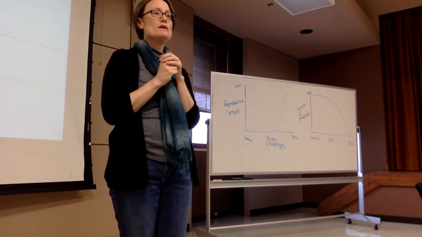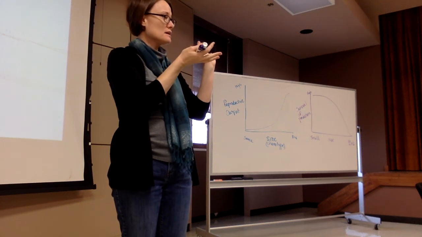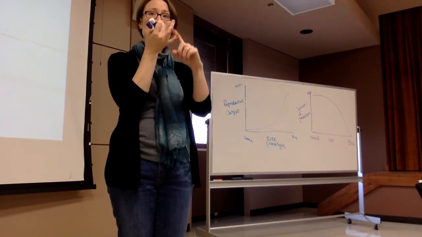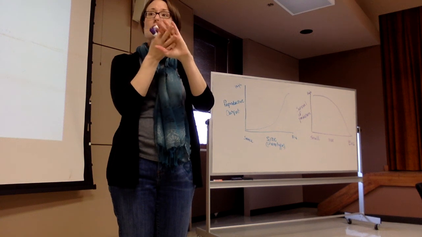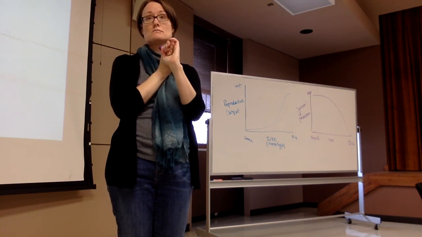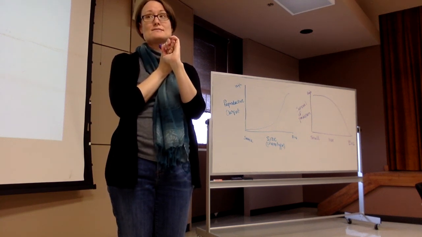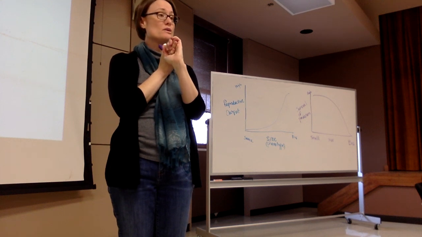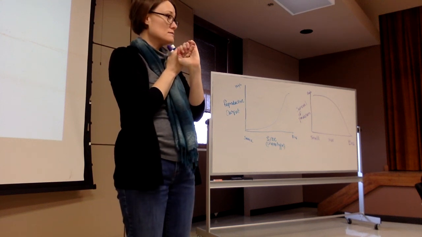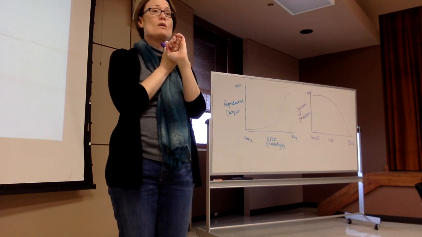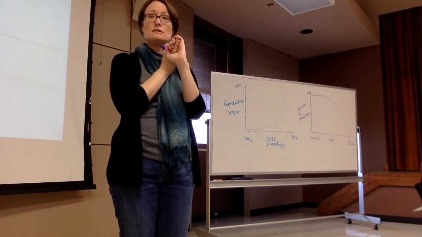Okay, so I want a single fitness landscape that incorporates reproductive output, survival, and size. You are welcome to work together, but you'll hand in things individually. So I want the figure itself and an explanation.